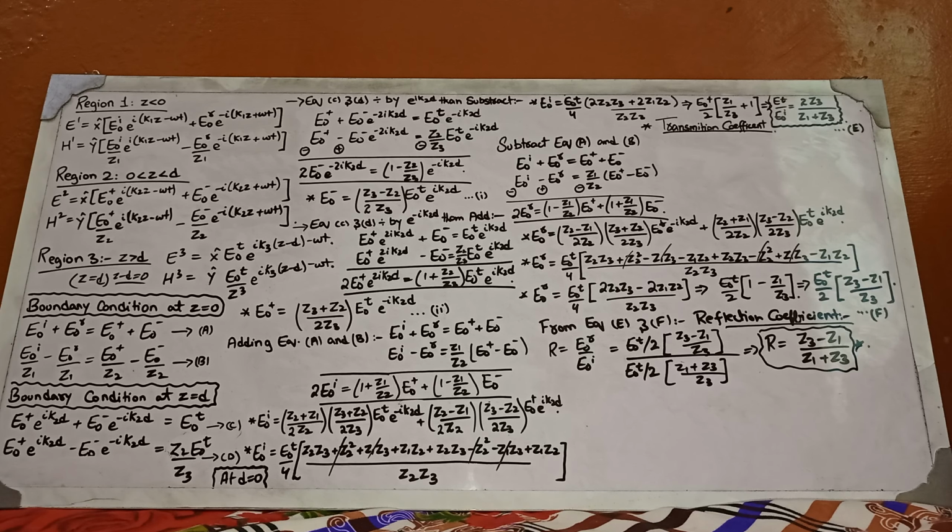Let's first apply our second boundary condition in region 2 for the electric field, because you know that the tangential components of the electric field and magnetic field H are also continuous.